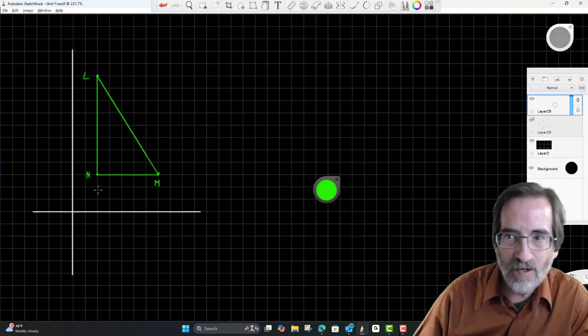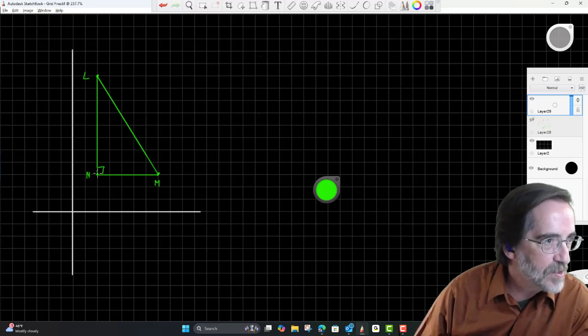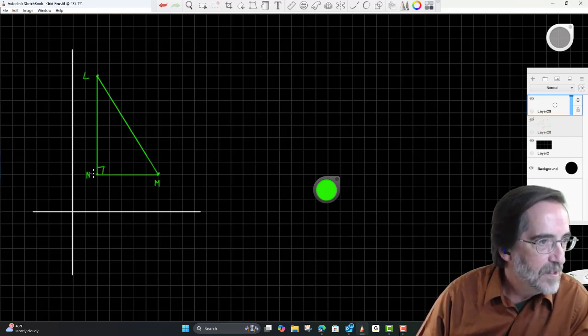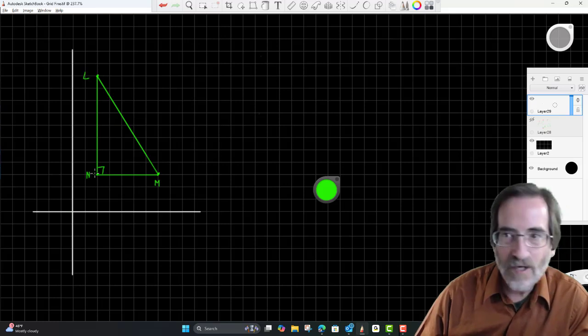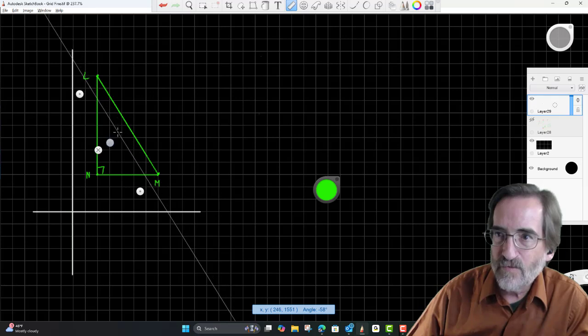Then create segment QR, parallel to LM such that point Q is on LN, and point R is on MN. So we want to create a line that's parallel.